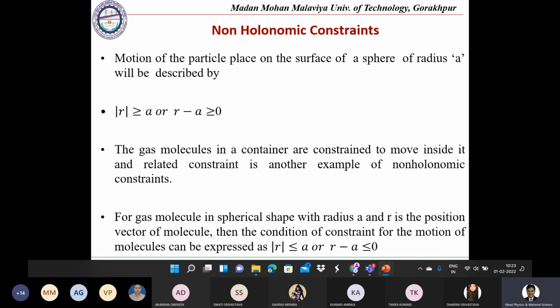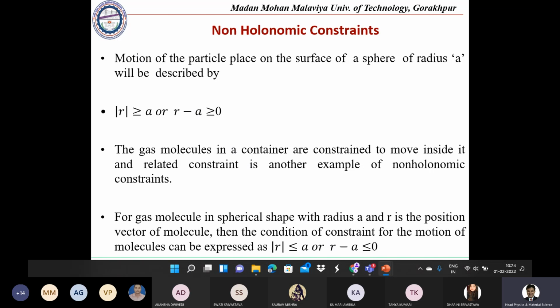For the gas molecule in a spherical shape with radius a, and r is the position vector of the molecule, then the condition of the constraint for the motion of the molecule can be expressed. If we say the molecule is at the surface, if you have studied the kinetic theory of gases, then the pressure of any vessel depends on how the gas molecules are striking the walls of that container. But striking means they are not just going to strike a body like a ball. They are reaching the boundary and transferring the momentum, and they are coming back.